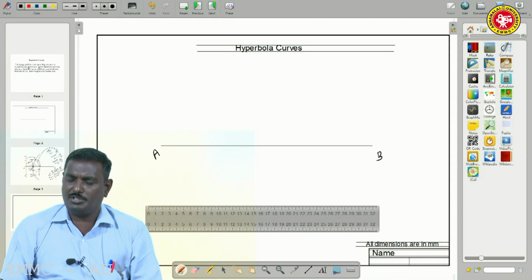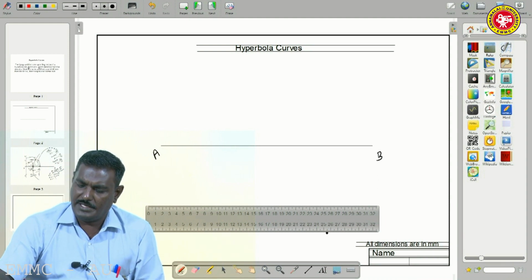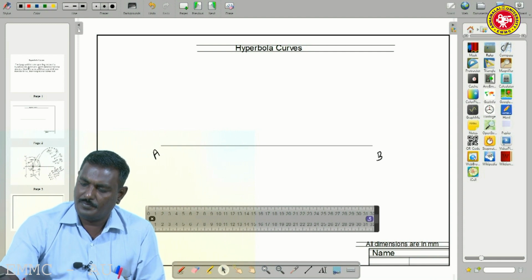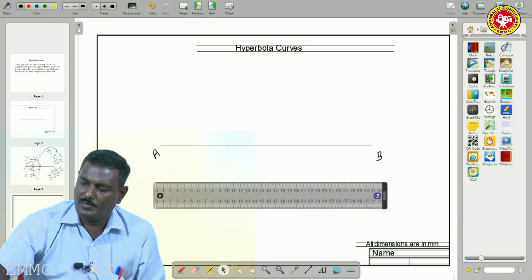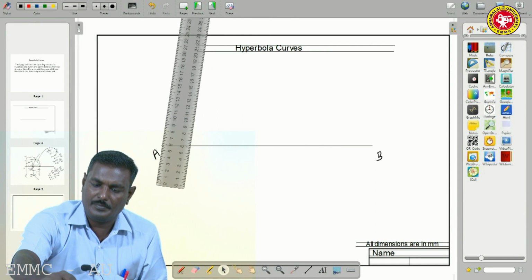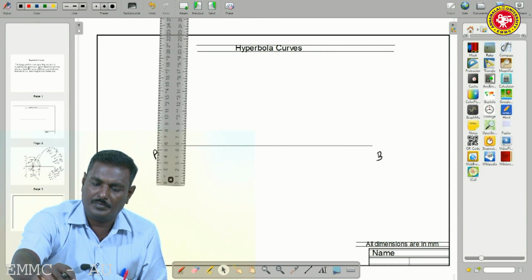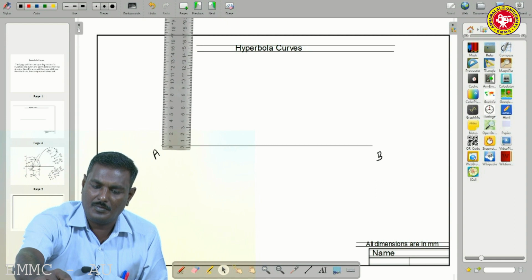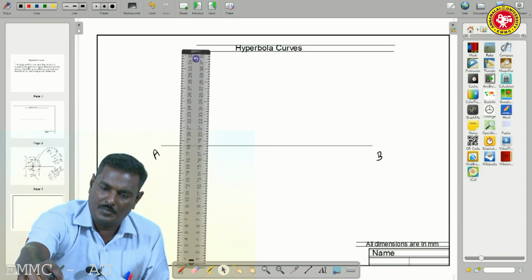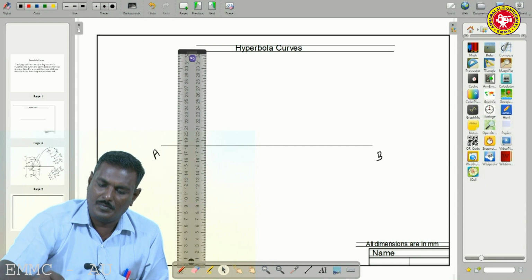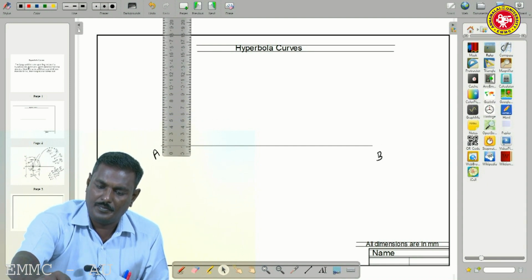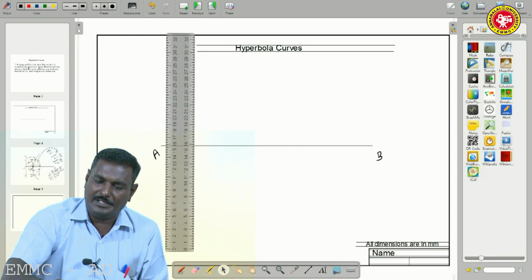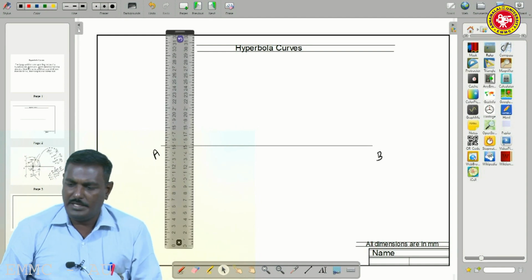Then draw a directrix, that is perpendicular to line AB.